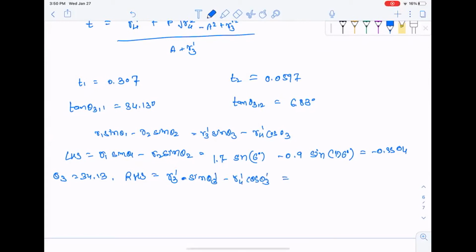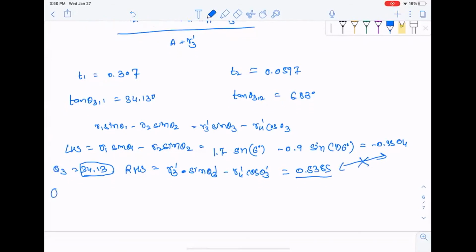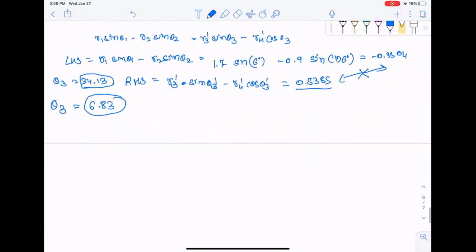If you replace the value of theta 3 as 34.13, this will come out as 0.5385, which is not equal to minus 0.5504. So I'm going to write my solution as 6.83, and I would recommend you verify this value in the equation and you will get the same answer. So we have r3 equal to 2.14 and theta 3 equal to 6.83.